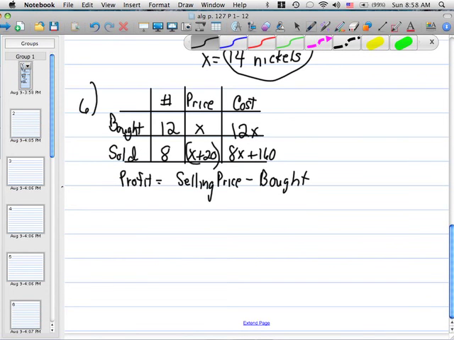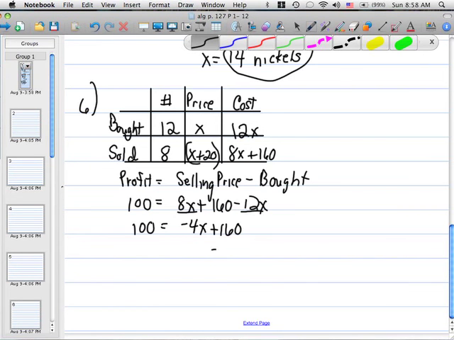And it said that the profit was $1, so since we're using cents, we'll use 100. Her selling price was 8X plus 160. What she spent was 12X. So collecting like terms, 8X and negative 12X is negative 4X plus 160.